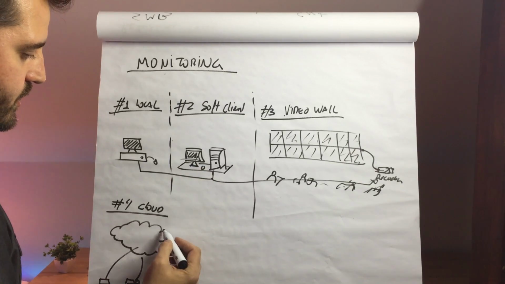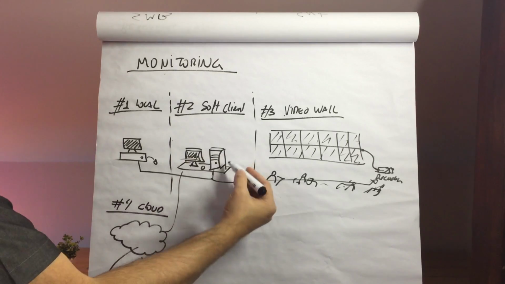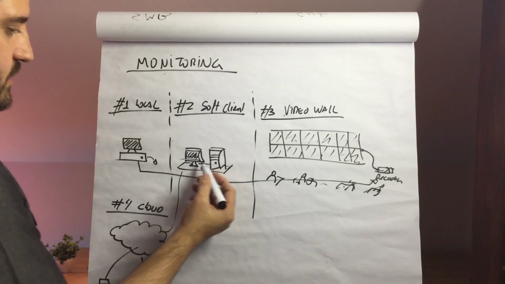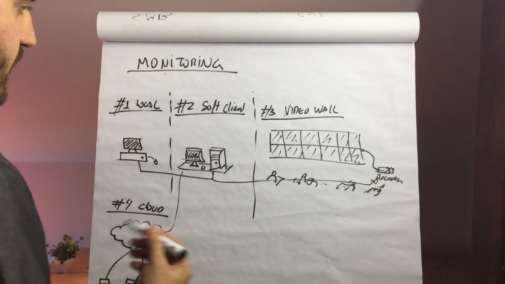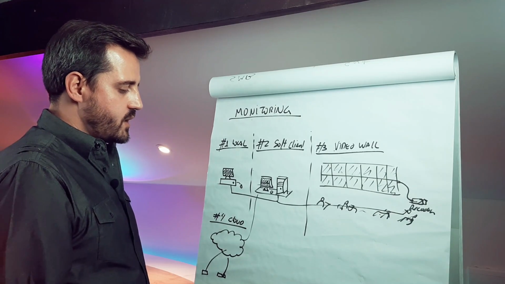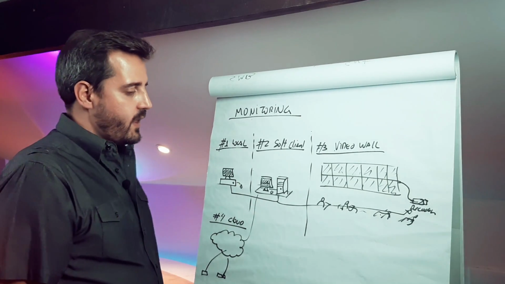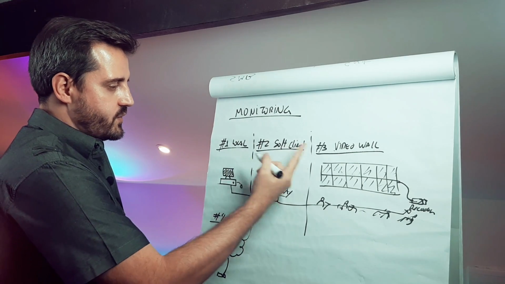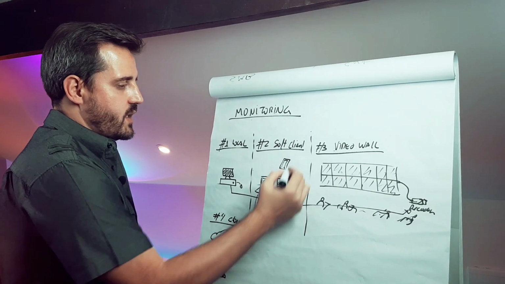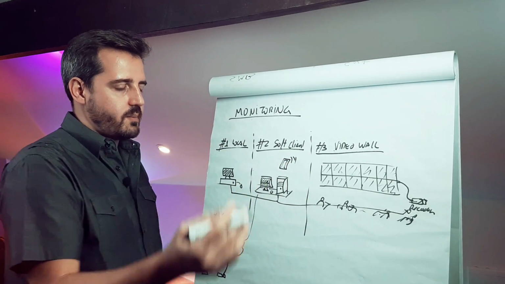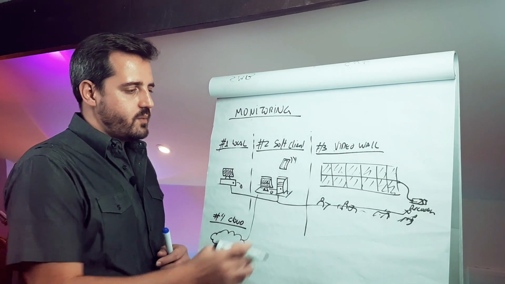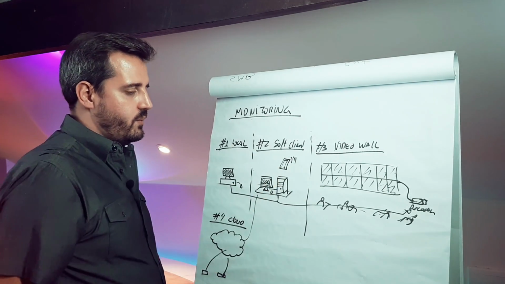You can have a computer here connected via internet browser and consuming this feed as well. So depending on the size of the installation, this can work very well. And when I'm saying software client, I forgot here to put mobile devices. So the mobile application, iPad or tablets, etc., will be able to use this type of monitoring as well.